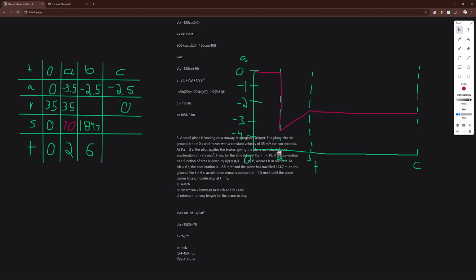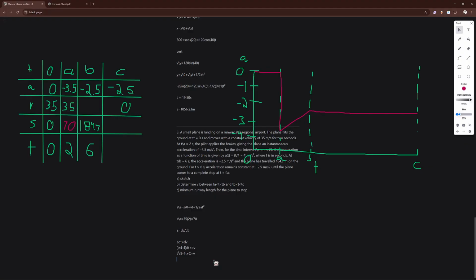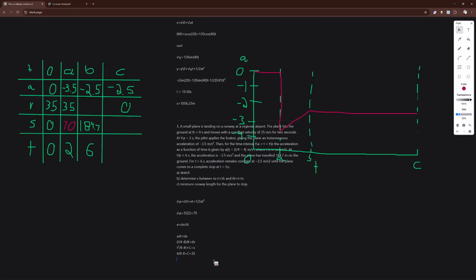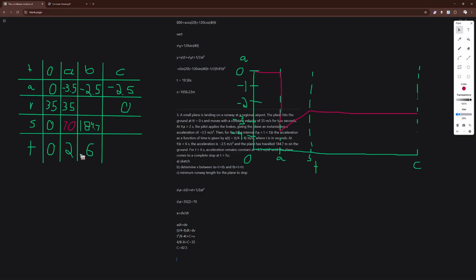We have t is equal to 2. We can start with our initial values, right? So t equals 2 gives us 4 over 8 minus 8 plus c equals 35. Solve for c, it's equal to 42.5. Nice and easy. Now we go to our velocity at 6.